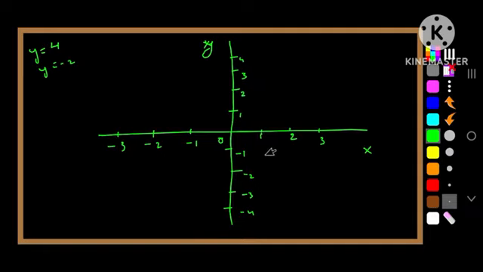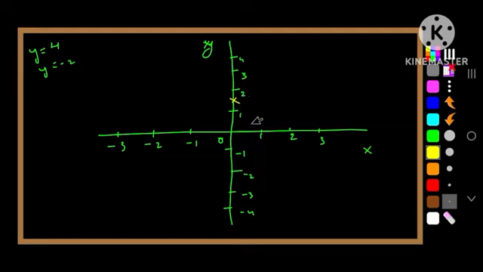So now the first equation, that is for 0 we are getting the value as 2.5. So I'll plot the value 2.5. So 2.5 will be here.